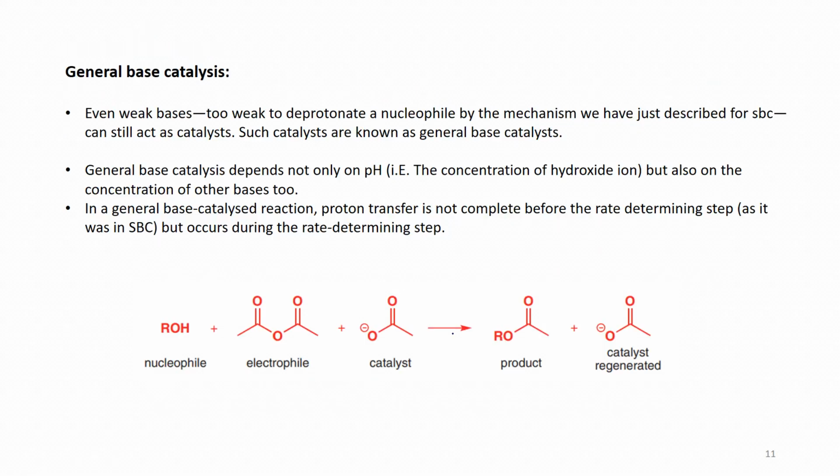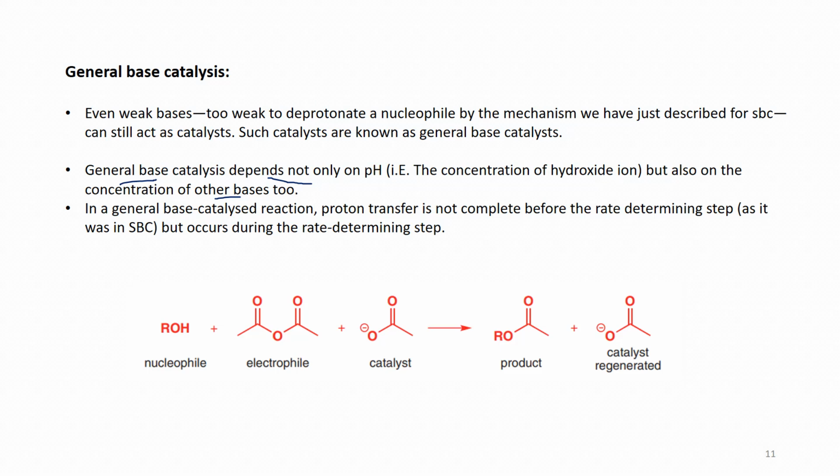But if the base is not strong enough to deprotonate the substrate, what happens in this case? Then you can see catalysis by means of general base catalysis, where the reaction depends not only on pH but also on the concentration of the bases, because it's not getting fully deprotonated, it's just happening due to the presence of those bases.